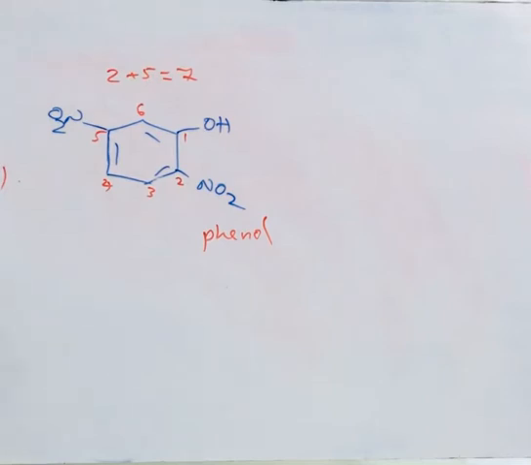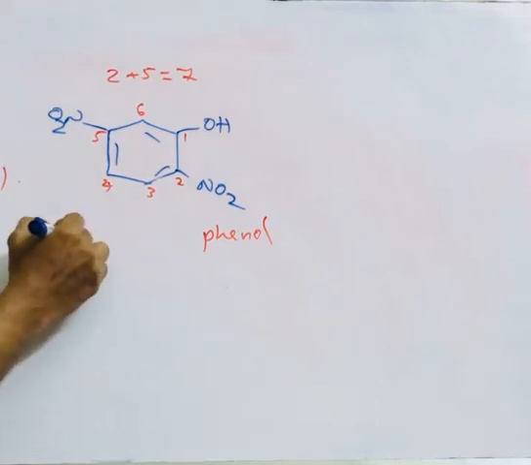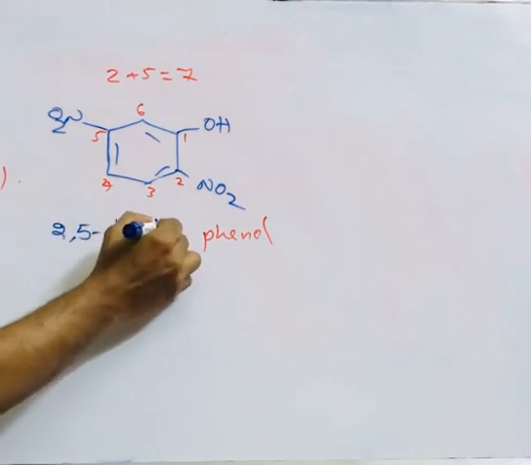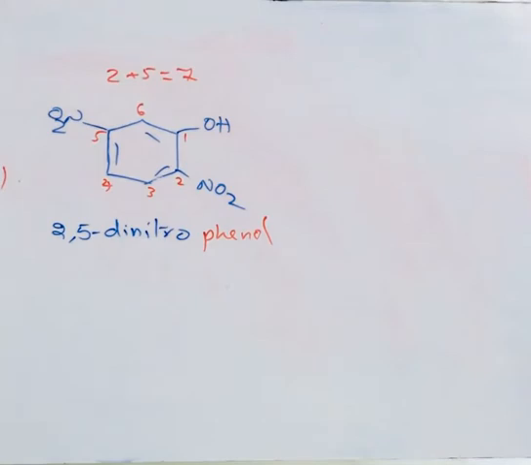So 2,5-dinitro, so you can write 2,5-dinitrophenol. That is the way we can number the particular compound. So like this, whenever there is a phenol group, you better consider that as the major compound, then we can number them easily.